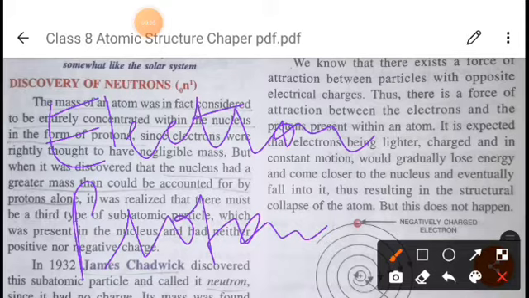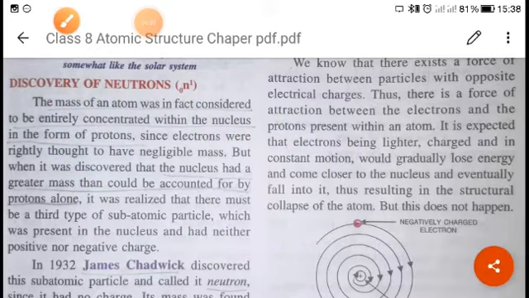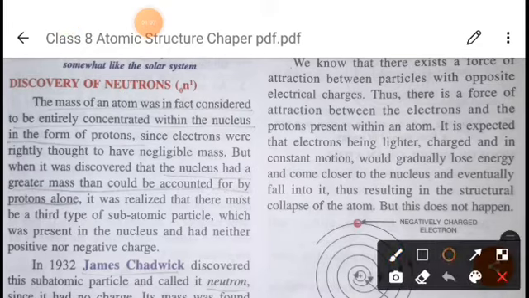From the Rutherford experiment, we can conclude that the mass of an atom was in fact considered to be entirely concentrated within the nucleus, in the form of protons. Let me draw here. This is the nucleus and this is an atom.